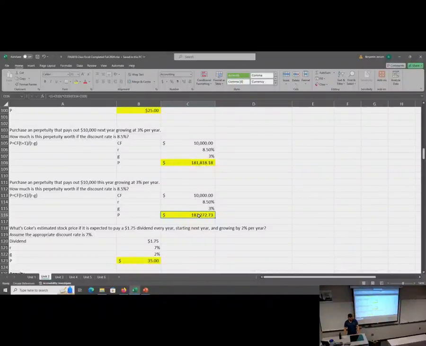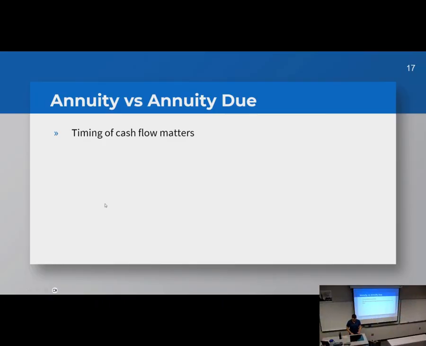So we saw a $6,000 difference in the value of this perpetuity just by moving the 10,000 cash flow earlier, which in essence is just $300. $300 in additional value paid out in the next year is resulting in the value of this perpetuity increasing $6,000. Just because that infinite compounding is occurring just slightly sooner. So the timing really matters when we're dealing with time value, especially in perpetuity.